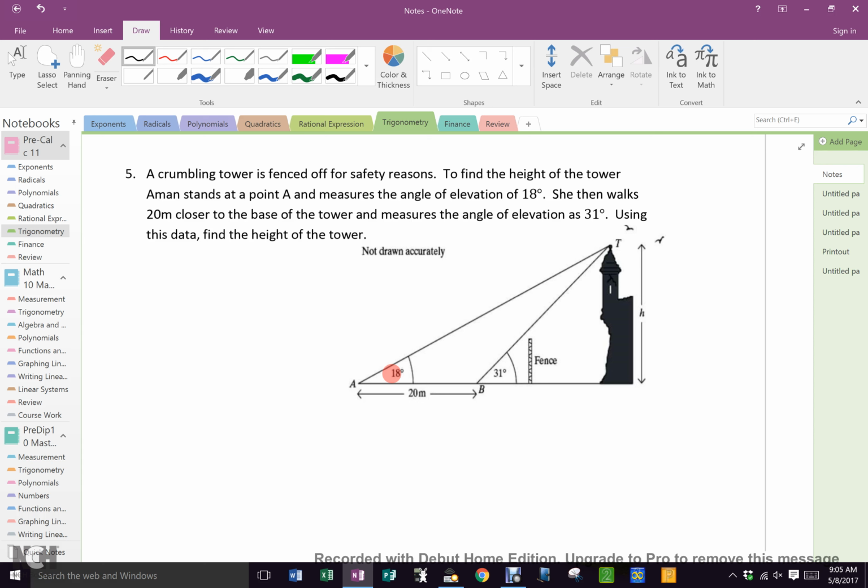Okay, so guys, seriously, how are we going to do this? If I'm going to find this height, what do I know about this angle? It has to be a right angle, yeah? So if I'm going to find this height, since I know this angle, what else do I need?